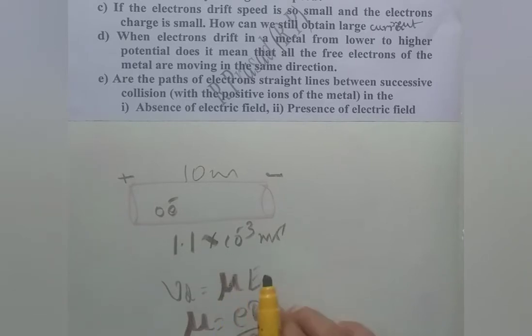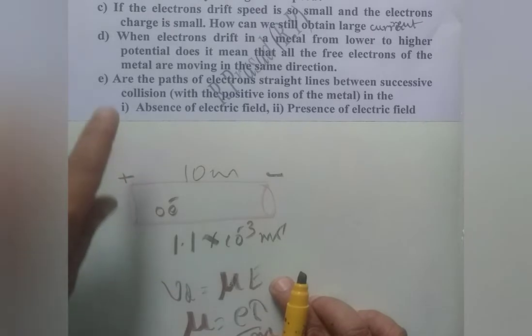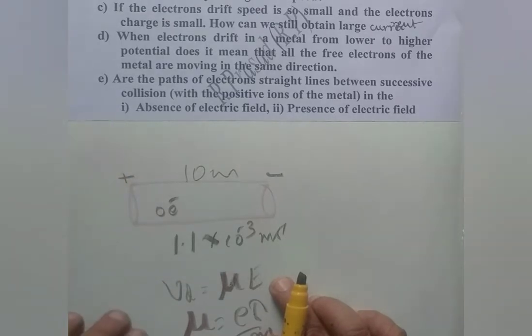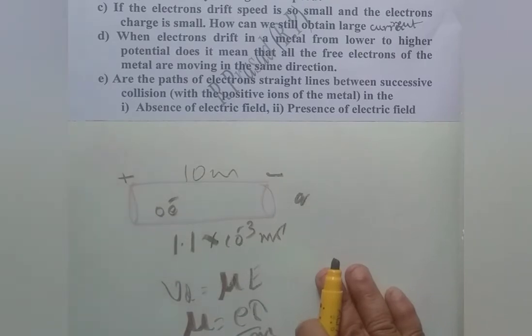If both of them are constant, therefore drift velocity is also constant. But here, as we apply the electric field, we know the charges should get accelerated. Here the question concentrates on why, even though there is acceleration, the electrons don't show any change, and their average velocity becomes constant. Why is it happening? We can think of it like this.